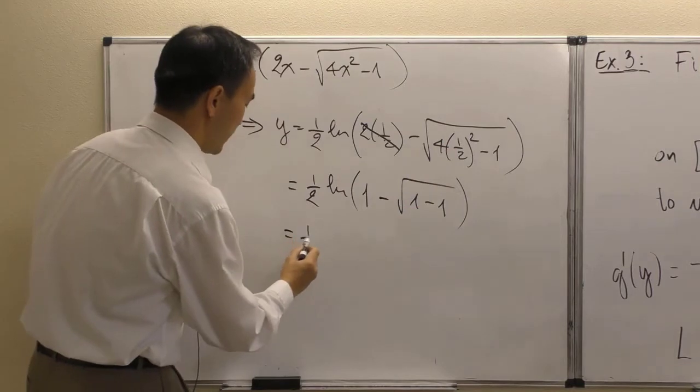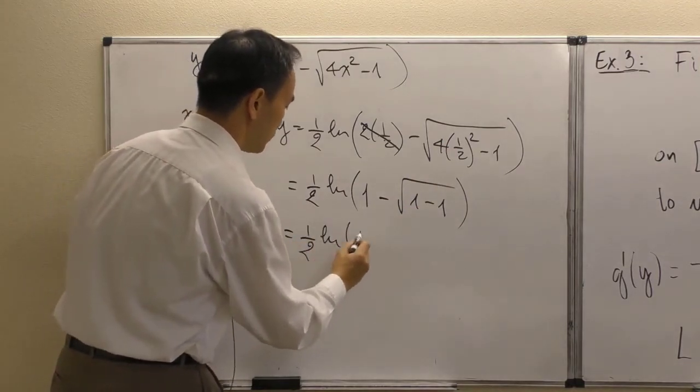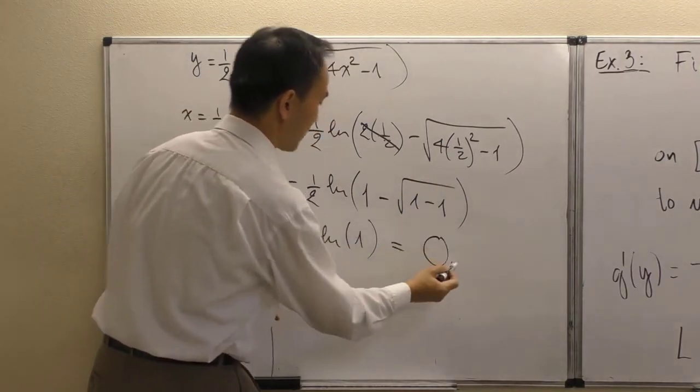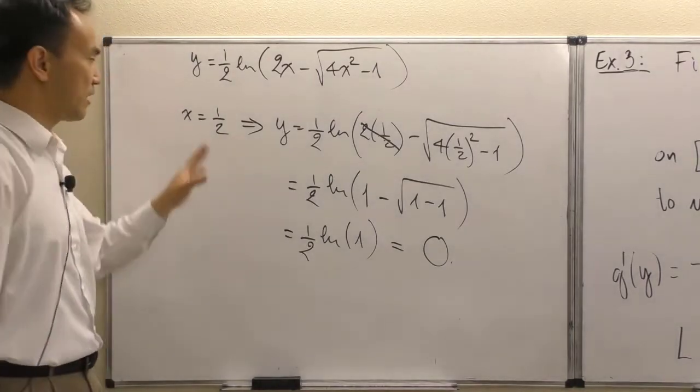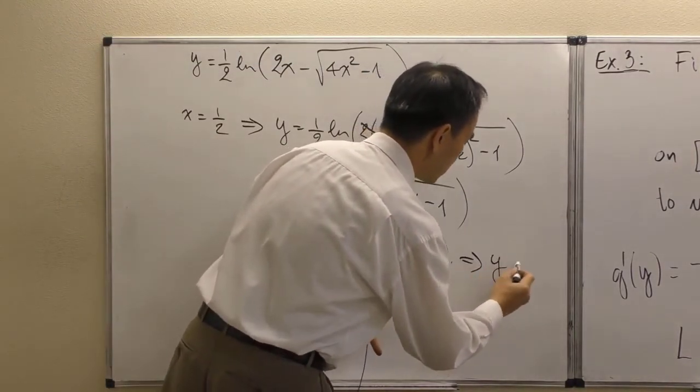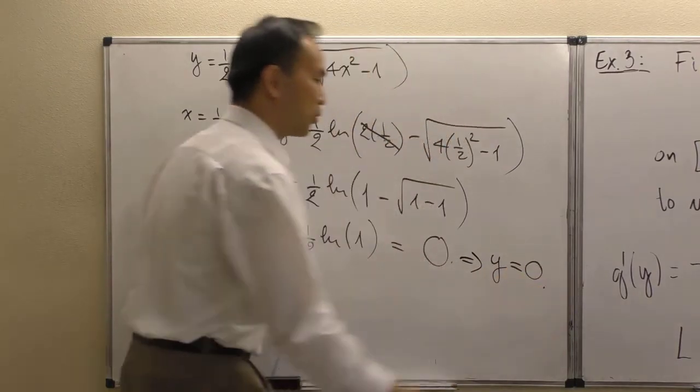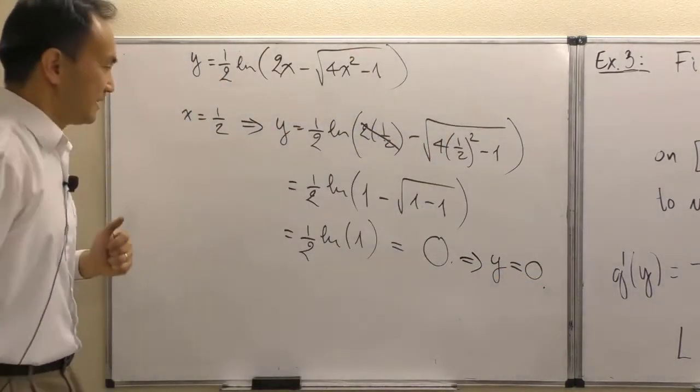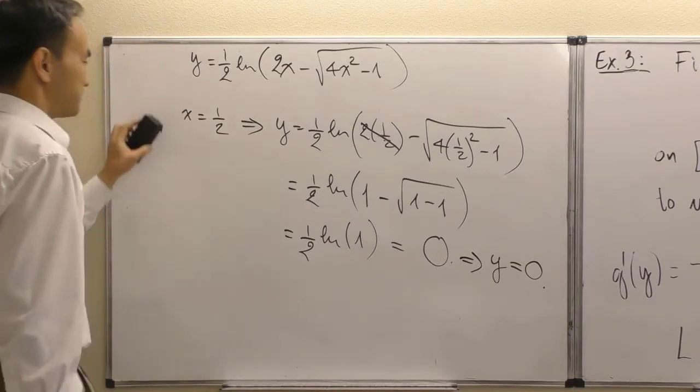So it's 1/2 times natural log of 1, which is 0. That's one y value. Okay, let's look at the other value. Now I'm going to quickly erase this.